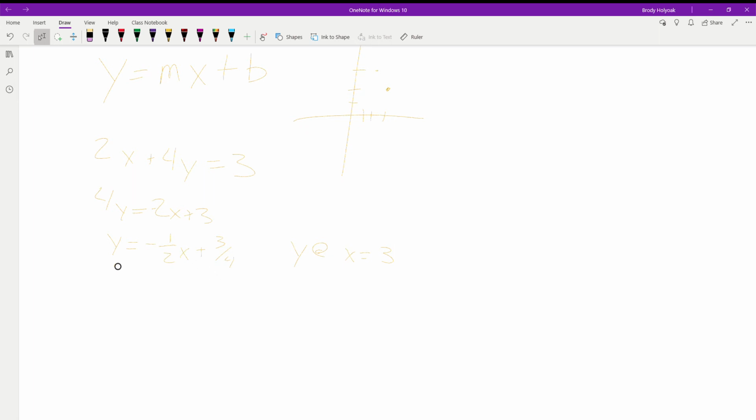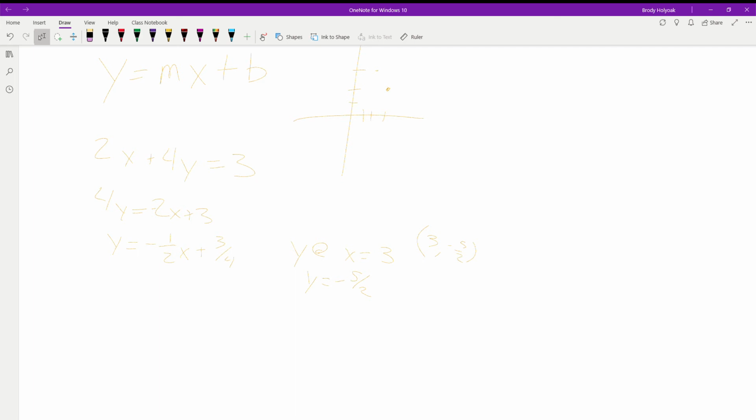So if you were looking for what my y value is when my x value is 3, that's going to do that. Your coordinate then is going to be 3 and look like that. Does that make sense, Zach? Okay.